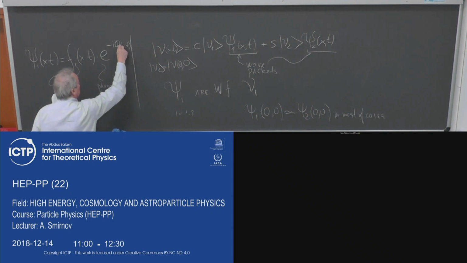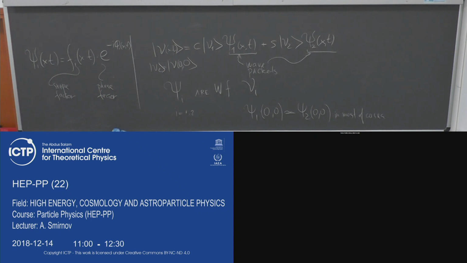So let me put here also I. The shape factor is normalized in such a way that the integral from minus infinity to plus infinity of the modulus squared of phi(x,t) dx is 1. Then we have a correct normalization of the total wave function. Okay?